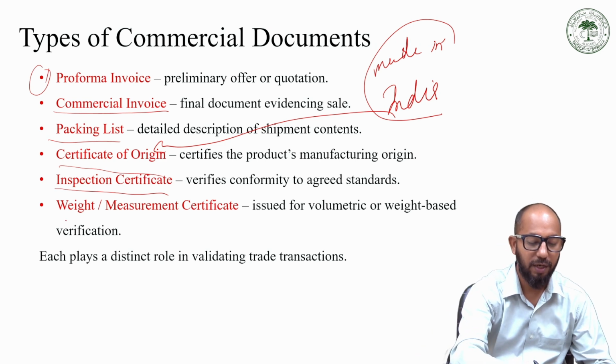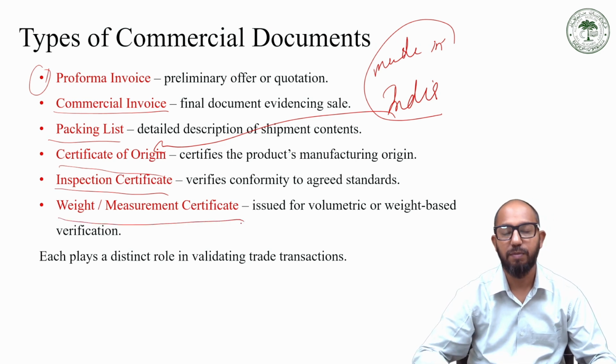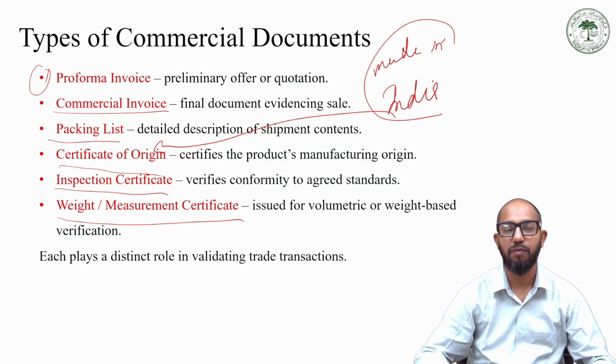After that, the next type of commercial document is the weight or measurement certificate. It is required where goods being traded are based on volume or weight. For example, oil. Oil is measured in terms of gallons. Therefore, the quantity is in gallons, and therefore weight measurement or volume measurement will be used.